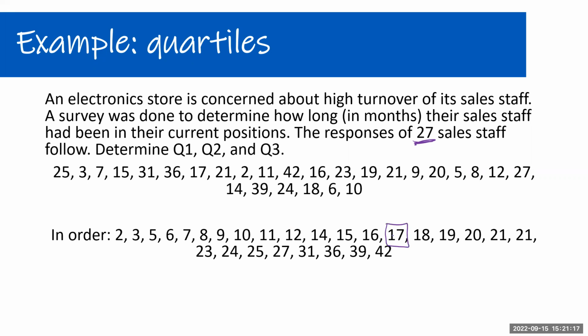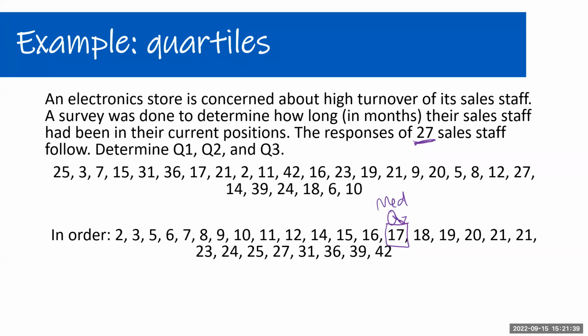Our median is 17. Let's verify by making sure there's also 13 on the right. 1, 2, 3, 4, 5, 6, 7, 8, 9, 10, 11, 12, 13. Perfect. So this is Q2, which is also our median.